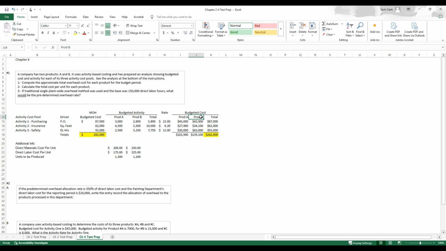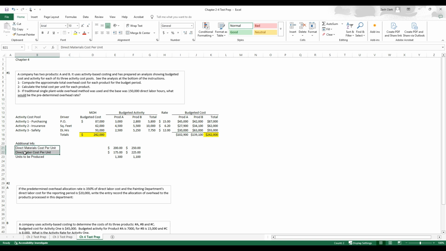And then from there, let's see, what do we want to do next? It says total cost per unit for each product. So if we want to get the total cost per unit, we have the materials and the labor, but we need the cost per unit of overhead, essentially.